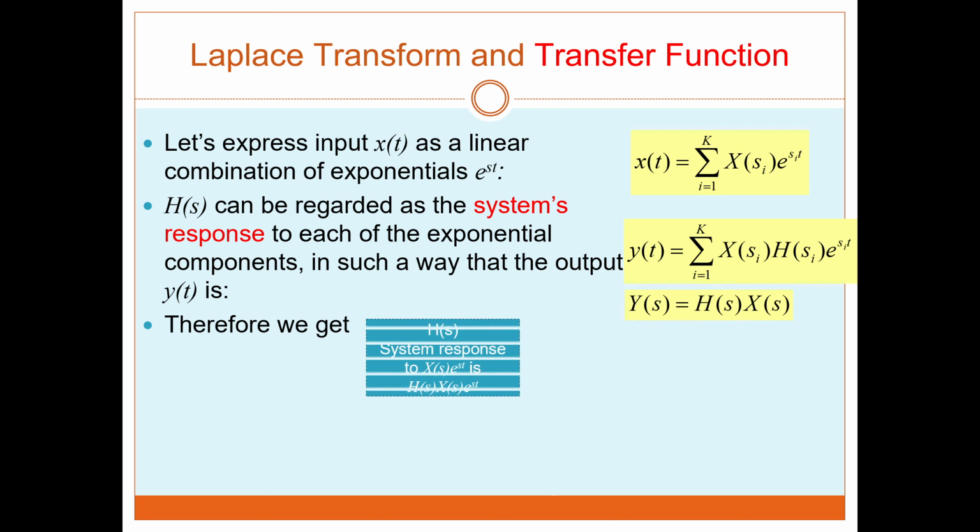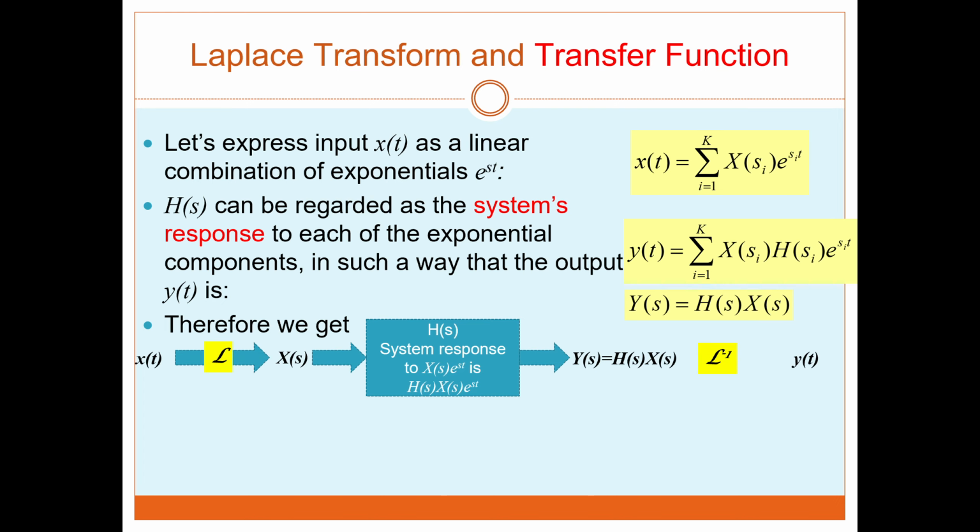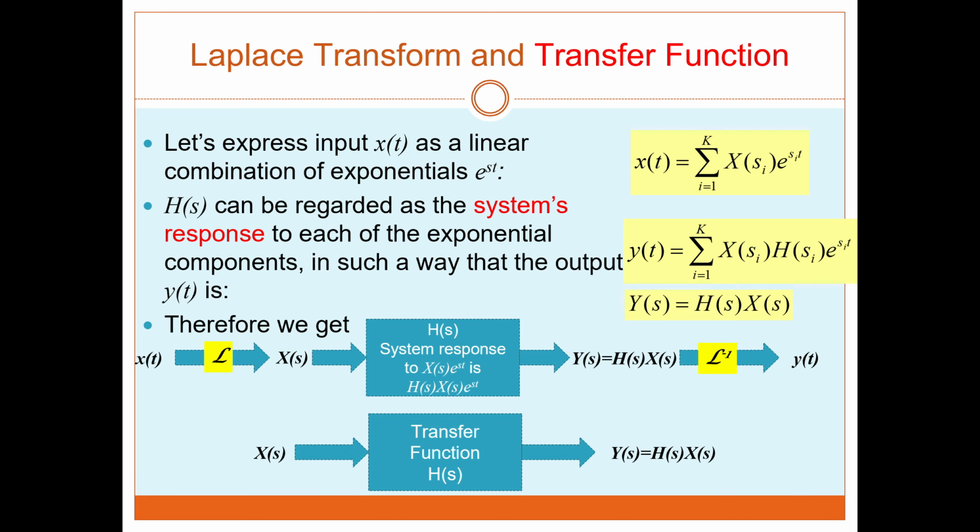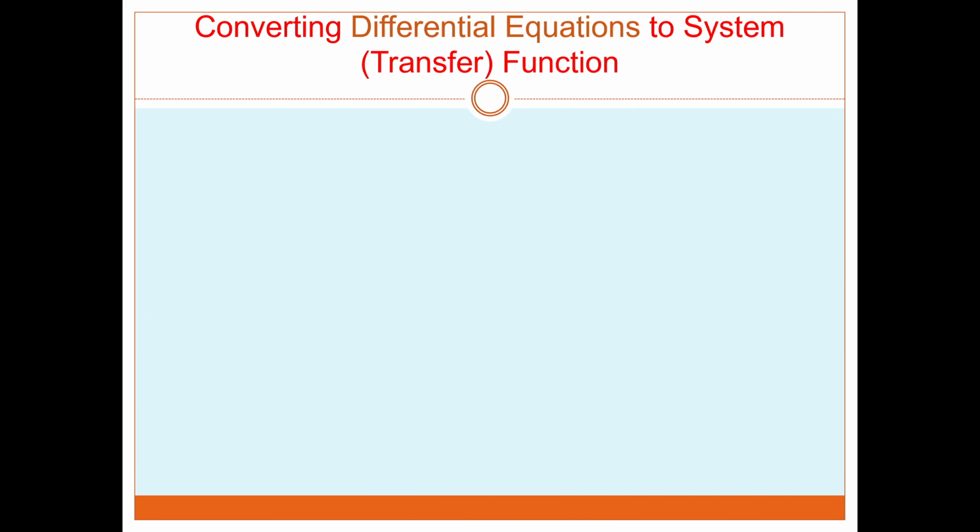So H(s) is actually Y(s) divided by X(s), the output divided by input. What is a transfer function? The transfer function, also known as the system's response, is like how the output will change after you put in some input.